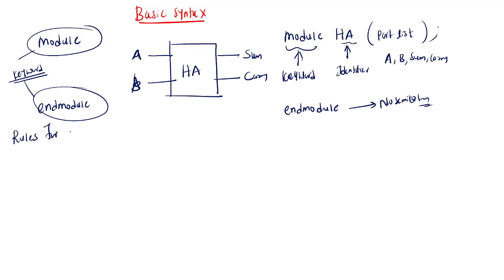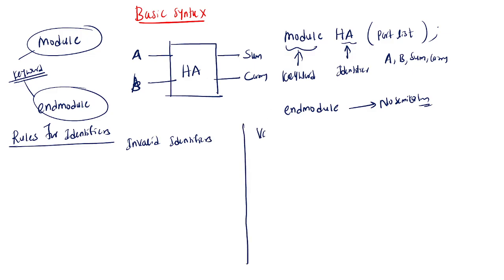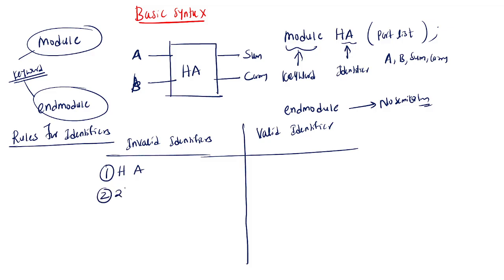Rules for identifiers. What are the rules for identifiers? You have invalid identifiers and valid identifiers. Invalid identifiers are, suppose for the half adder I'm writing, H space A, or it should not start with a number, 2HA.